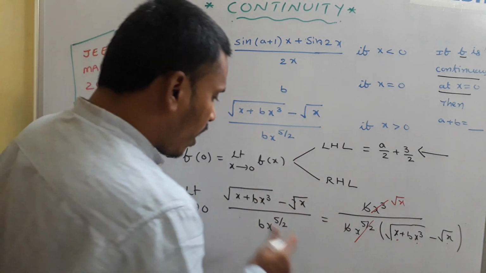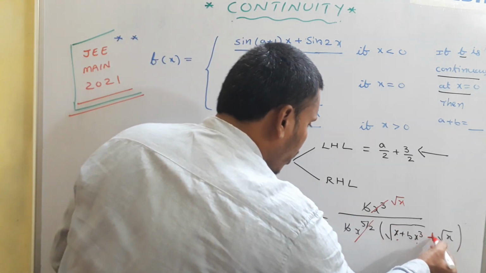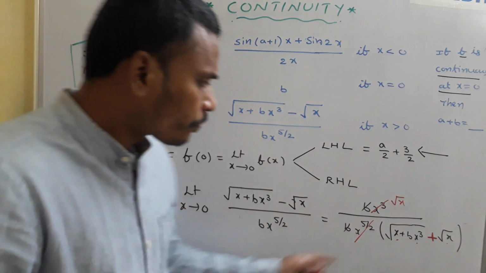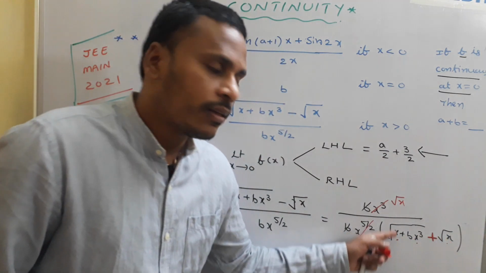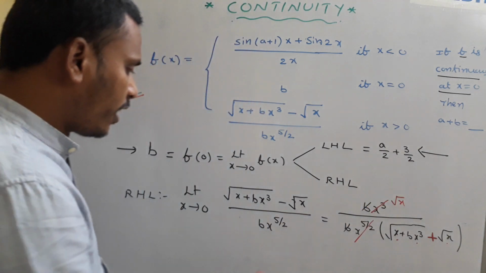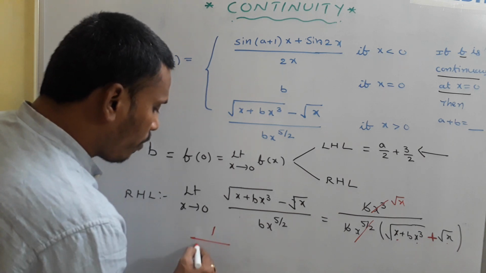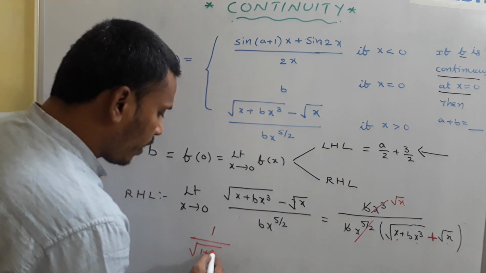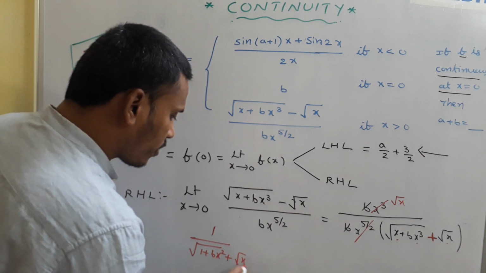At the end, I had minus here; as a process of rationalization, I need to use plus here. From there, pick out root x as a common factor and cancel with this root x. You are left with 1 by root of (1 plus bx square) plus root x in the denominator.